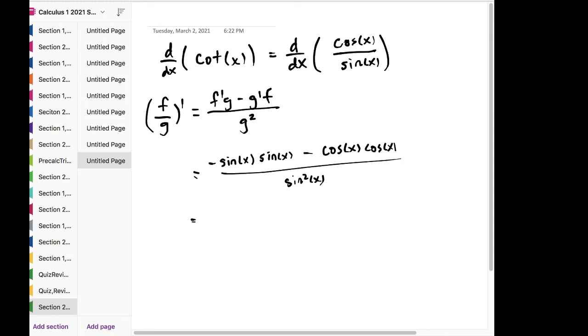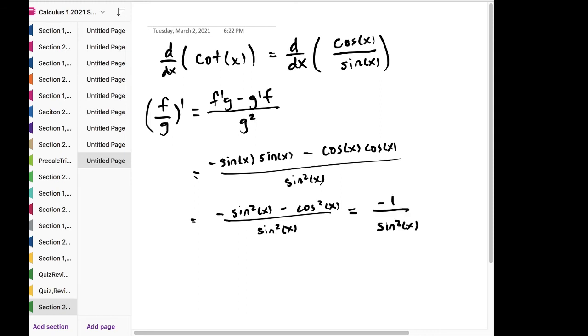What's the numerator? What's minus sine squared minus cosine squared? Good, it's negative 1. If you factor out a negative, then you get the Pythagorean identity.